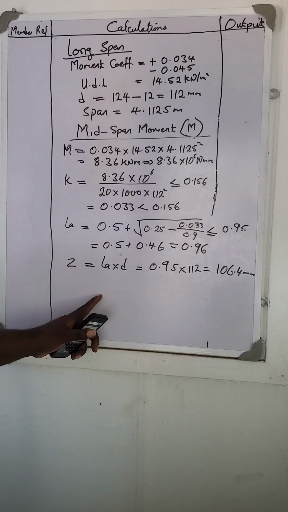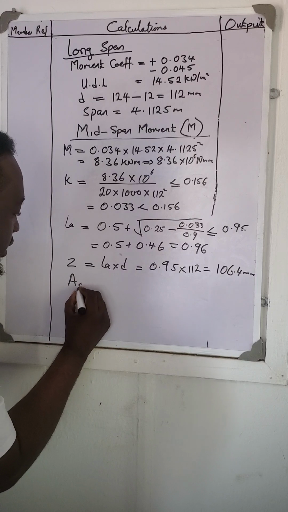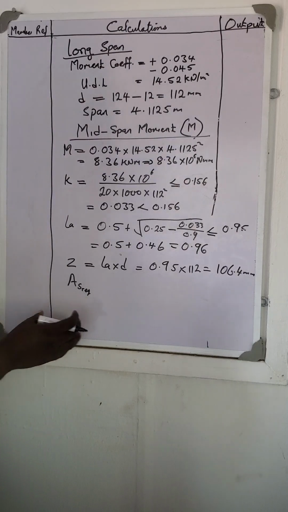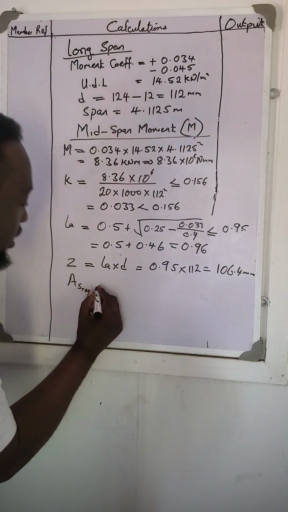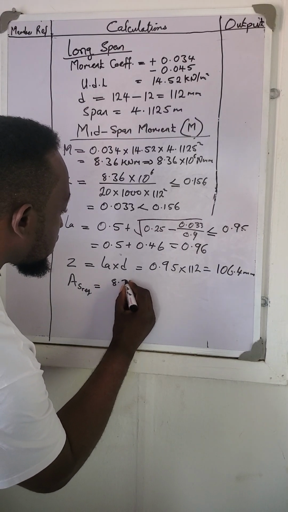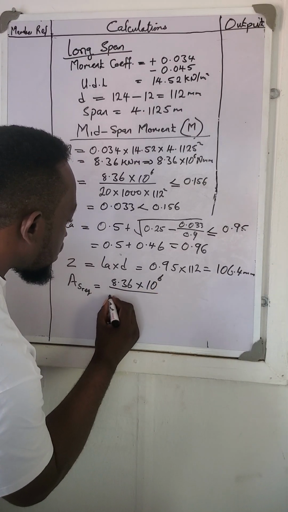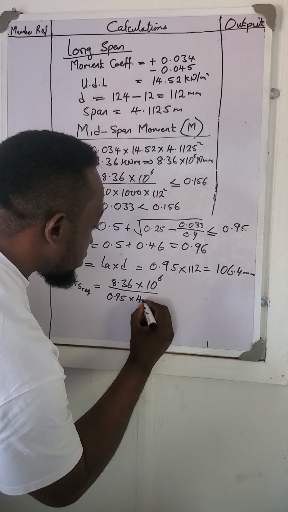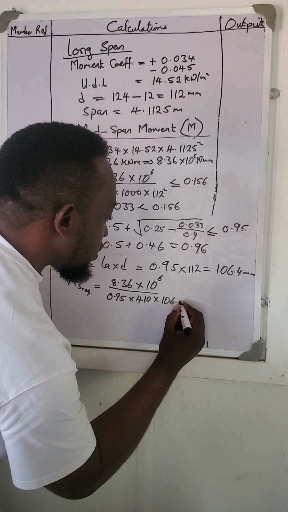So we will now move ahead to solving for AS. AS is the area of steel required after analyzing this structure. The steel required is moment, which is 8.36 times 10 to the 6, over 0.95, a constant, multiplied by the characteristic strength of steel, which we took to be 410, then multiplied by our Z, 106.4.